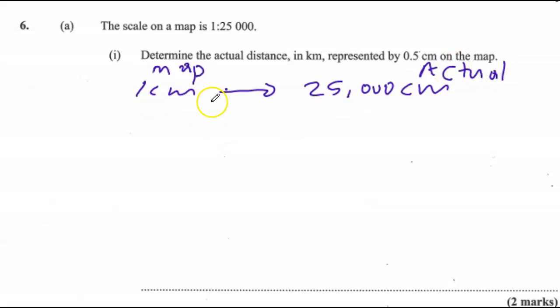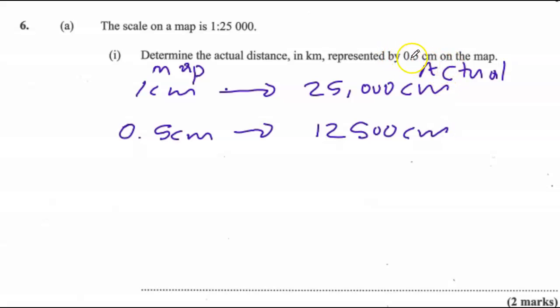So 2 centimeters on the map will be 50,000 centimeters in reality, and so on. So half a centimeter on the map, it's ratios, so you just take half of the 25,000, which is 12,500 centimeters.